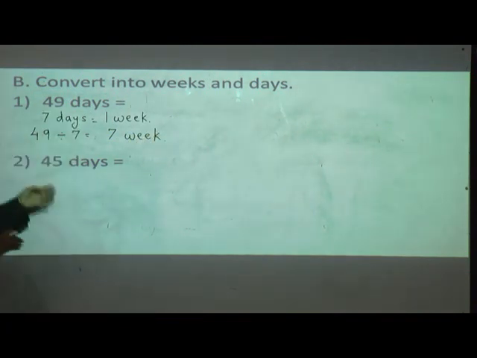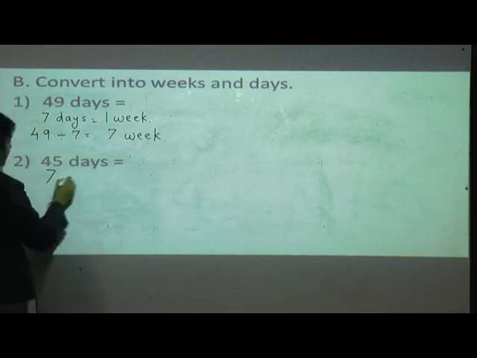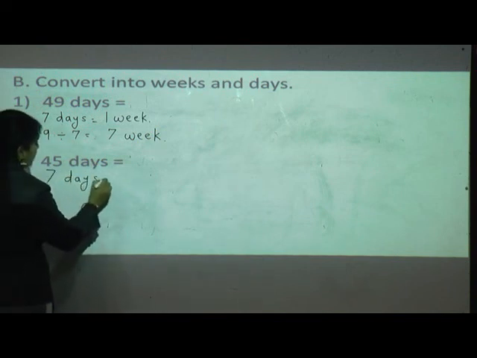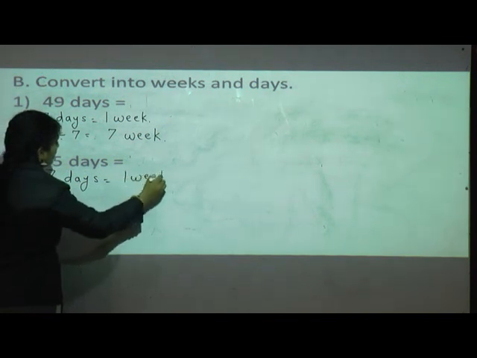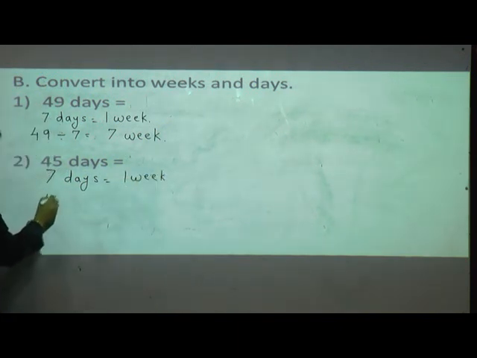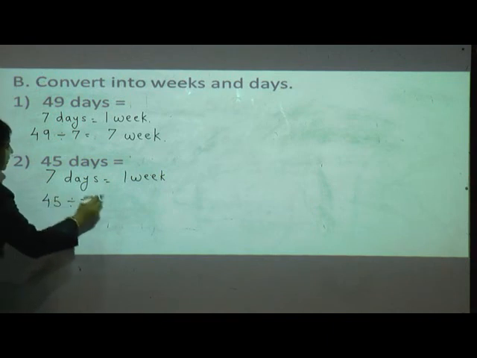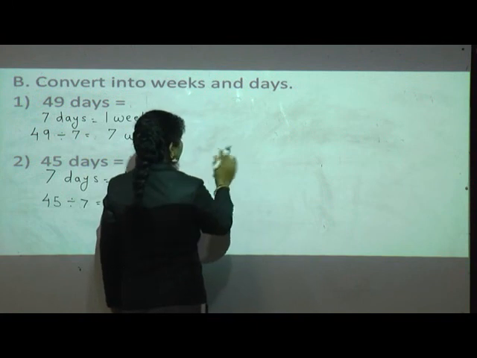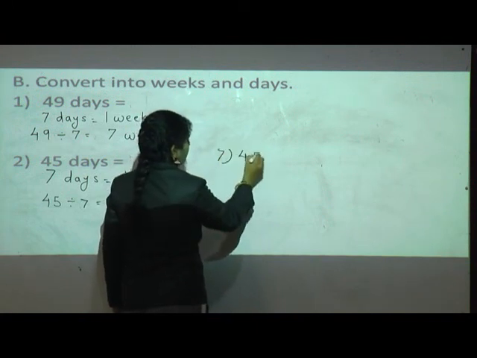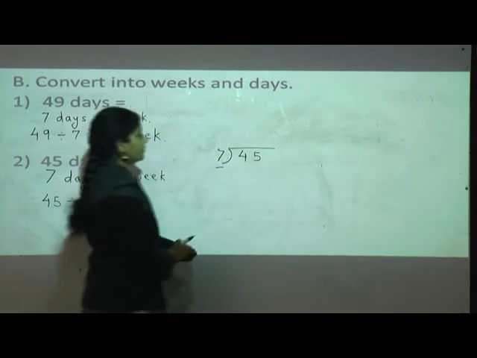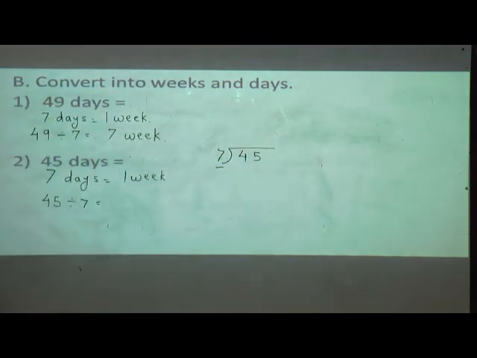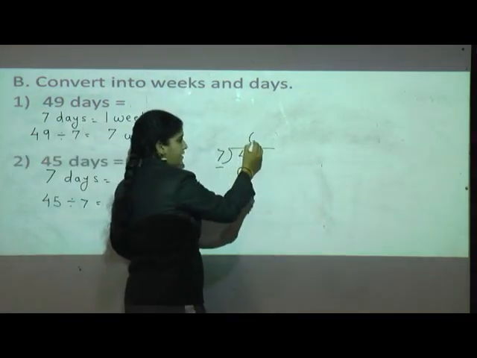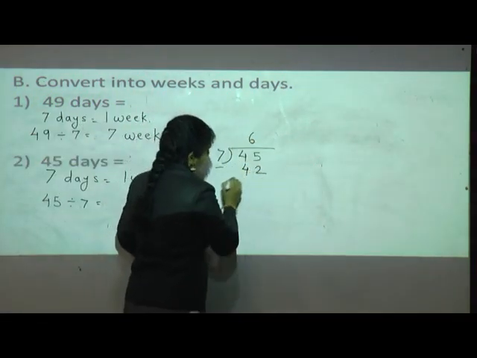Okay, now here 45 days. So all of you know that 7 days equal to 1 week. Okay, so divide 45 by 7. I will show your division. See here 45. So we can divide it by 6. 7 sixes are 42.